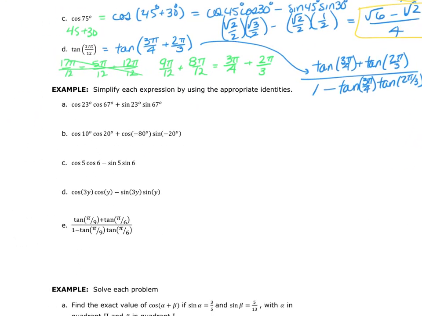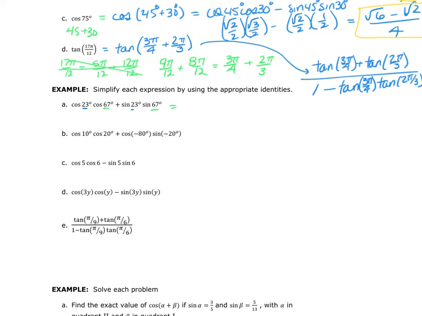If they're asking me to simplify the expression using appropriate identities, I look for the fact that the angles match. So I have cosine, cosine, those match, and I have the sine 23 and the cosine 23, the angles match. And then the cosine of 67 and the sine of 67, those angles match.